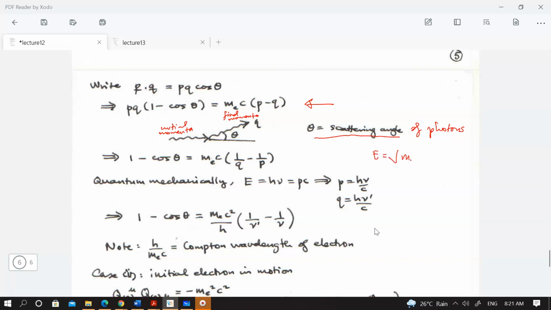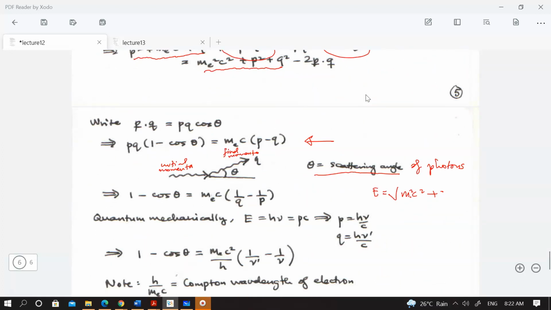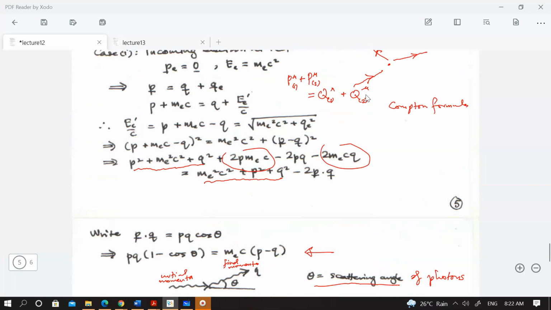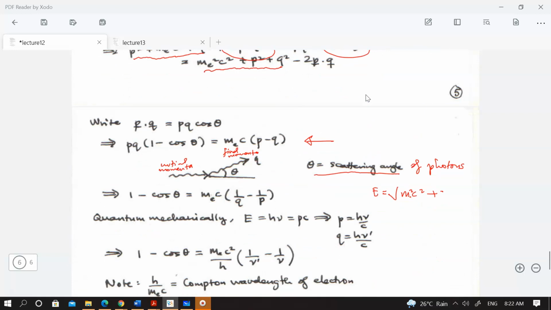Remember, this is m squared c squared plus, let me just recall that properly, because I can't remember the square of, yeah, it's squared. And then, sorry, your momenta squared. I always get confused with this, so I think that should be right.